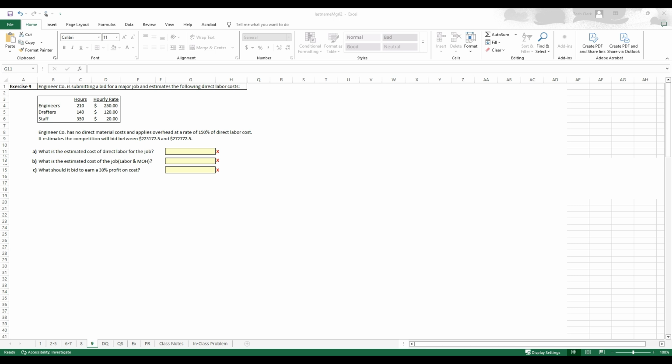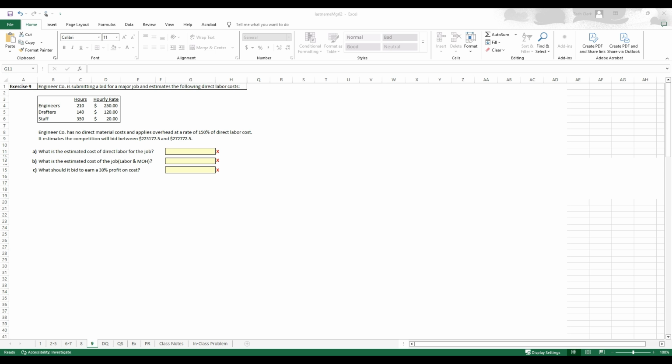I'm just doing a little math off to the side, so I've got those amounts. Okay, so we have no direct material cost, but we apply overhead at a rate of 150% of direct labor cost, and it estimates the competition will bid between $223,177 and $272,772.50. Okay, so I'm doing a little math off to the side.